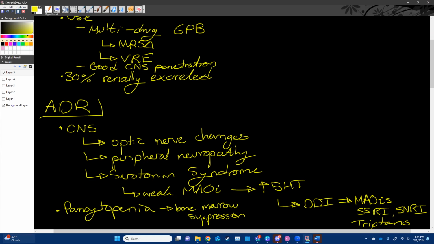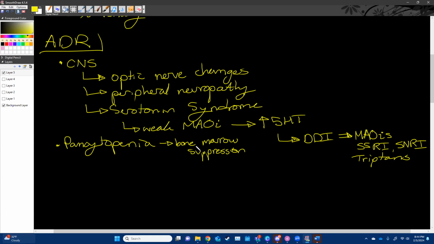So if we give them linezolid, great, we're giving them a drug that's covering gram-positive, but then if we get rid of their bone marrow, so that way they can't produce any white blood cells, we might give them a gram-negative infection, especially when they stop the drug.